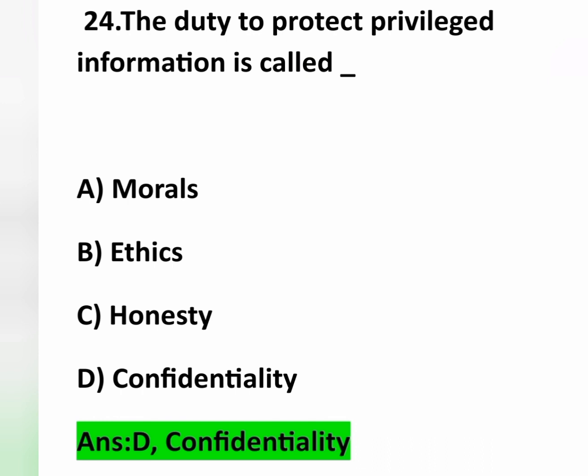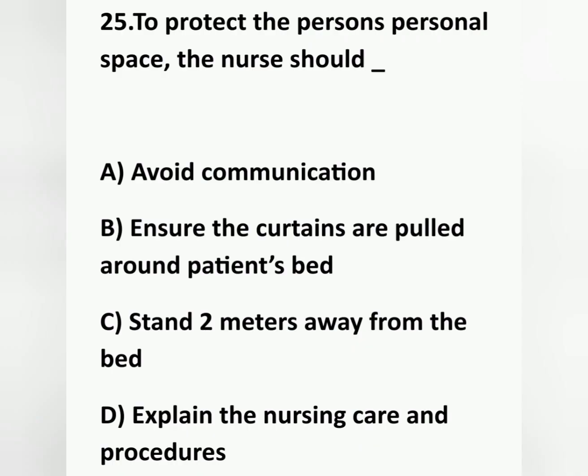The next question, to protect the person's personal space, the nurse should. Options are option A, avoid communication. Option B, ensure the curtains are pulled around the patient bed. Option C, stand 2 meters away from the bed. Option D, explain the nursing care and procedures.